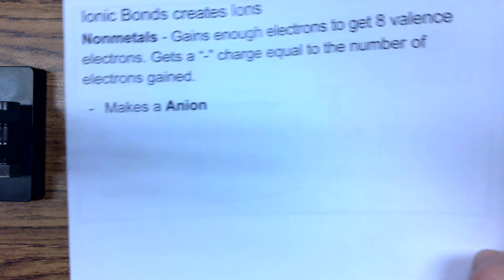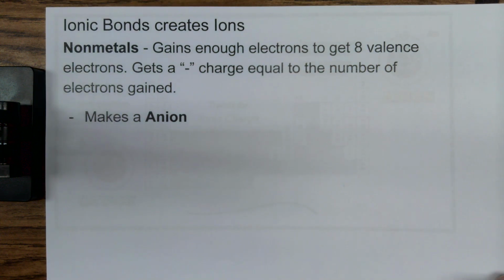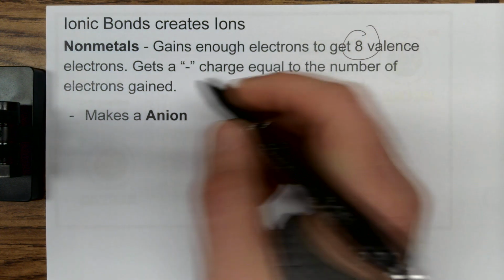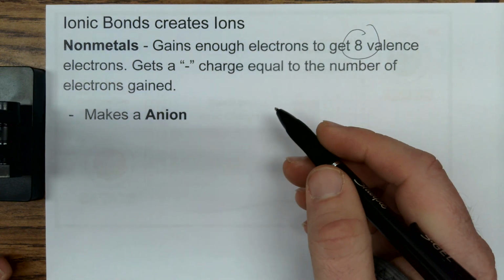So, if a metal forms the cation, our nonmetals are going to form an anion. Because our nonmetals gain enough electrons to get to 8 electrons in that valence shell.